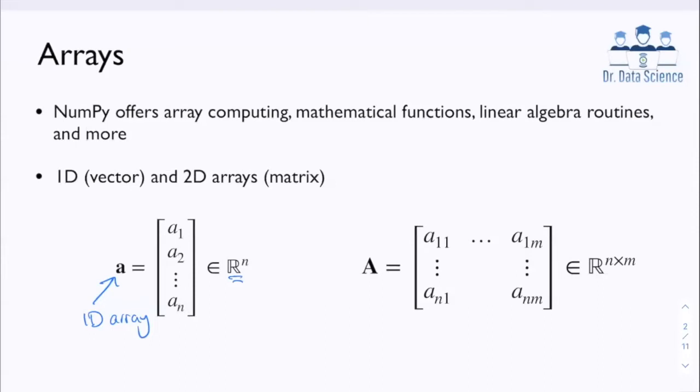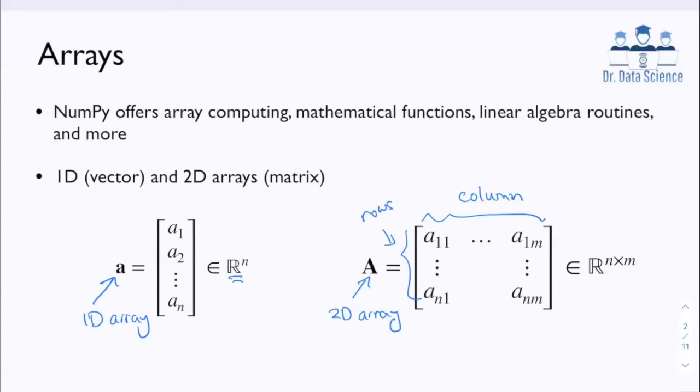And a generalization of this would be a two-dimensional array, which we have on the right. Here we have one dimension that we call the rows of this matrix, and then we have the second dimension, which we call the columns of this matrix A. Now in order to find each element in this two-dimensional array, we need two indices.